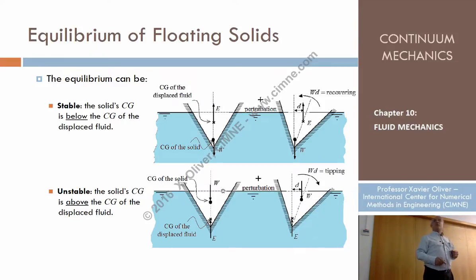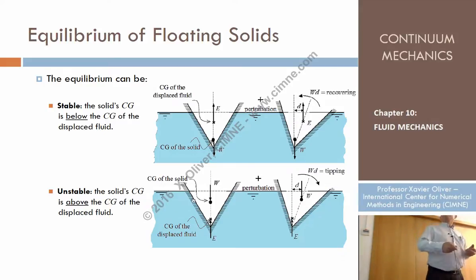Okay? So how do we do that? Well, for instance, by introducing additional weights at the lower part of the ship, in order to lower the center of gravity of the solid. That's what is called lastre, okay?